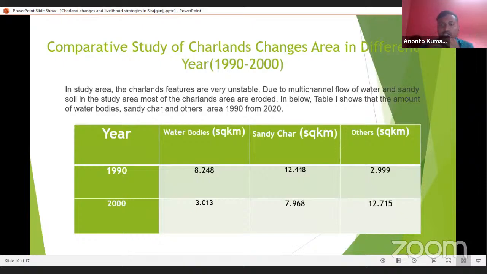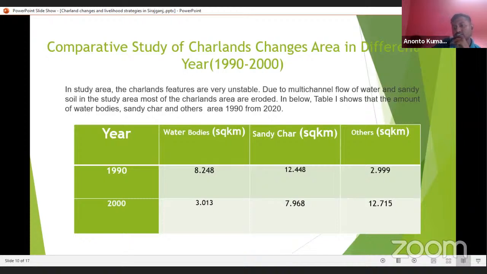Some results we found at a 10-year interval, 1990 and 2000: the water bodies, sand, char, and other land. The other land is mainly agriculture and other areas. There is some difference. In 1990 the water area was 8.243, then in 2000 it fell down to 3, and the sand char area was 12.44 and in 2000 it was 7.96.